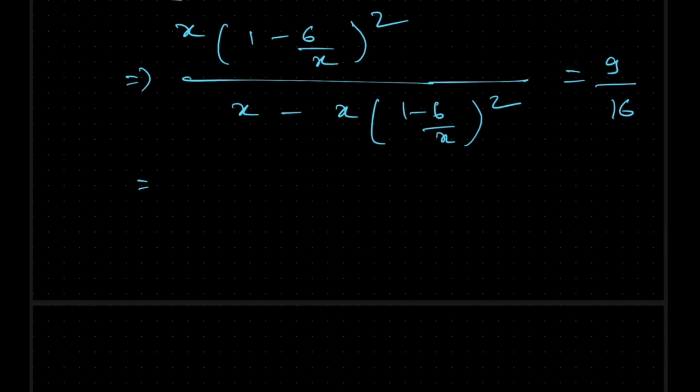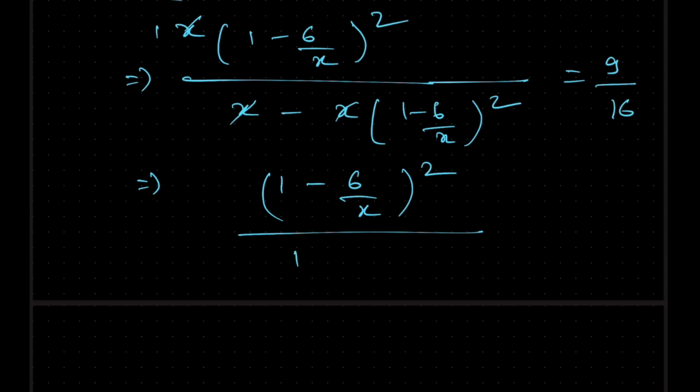So let's solve it. x will be cancelled, so (1 minus 6 by x) whole squared divided by 1 minus (1 minus 6 by x) whole squared equals 9/16.